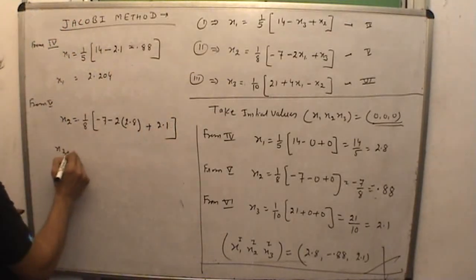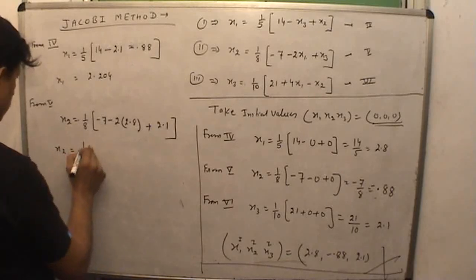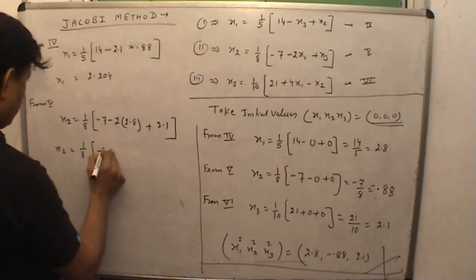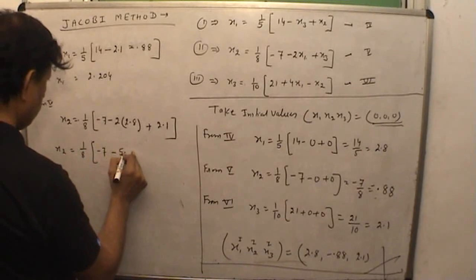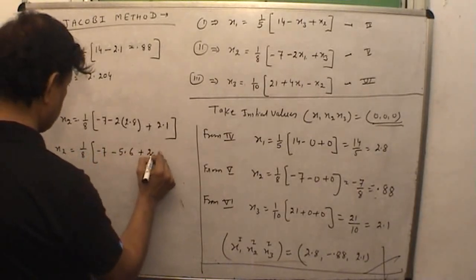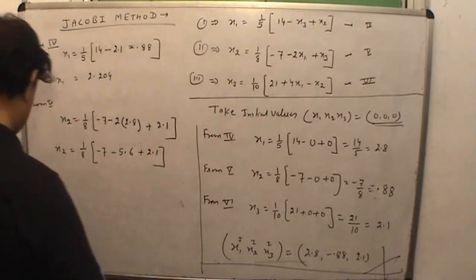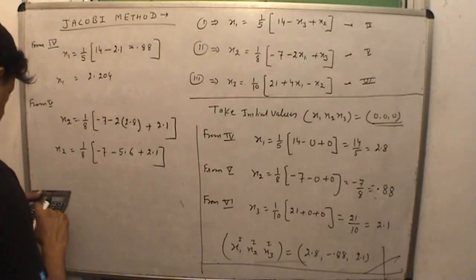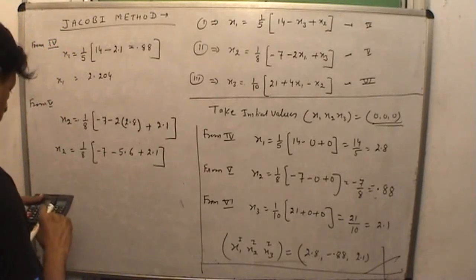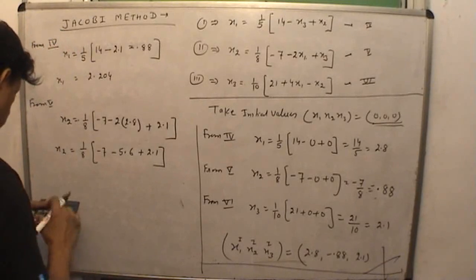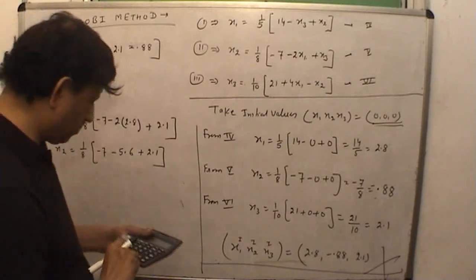That is x2 is equal to 1 by 8 into minus 7 minus 5.6 plus 2.1. We can calculate it.